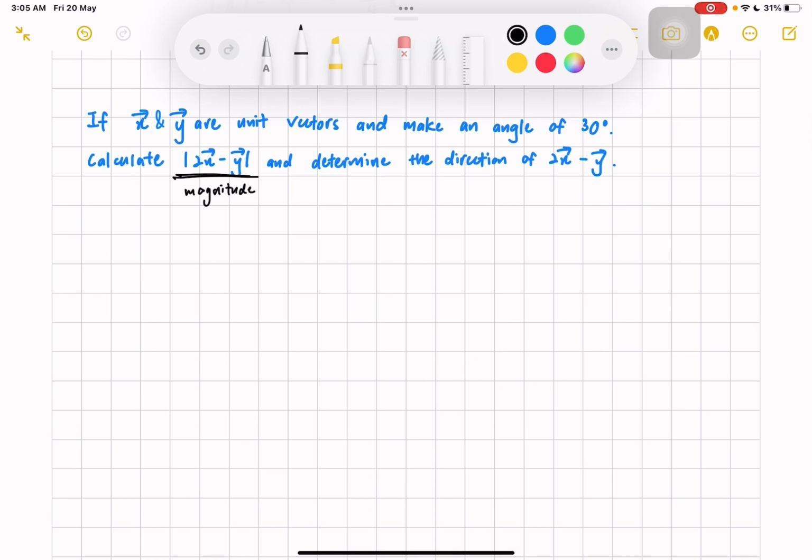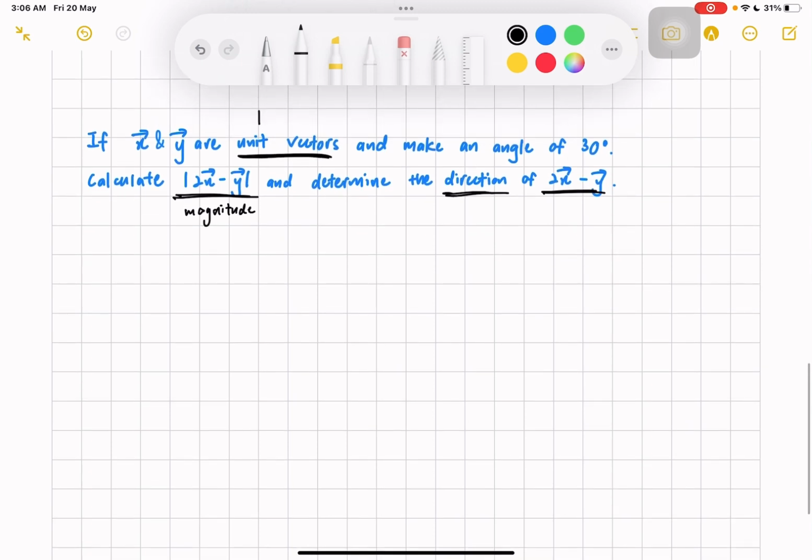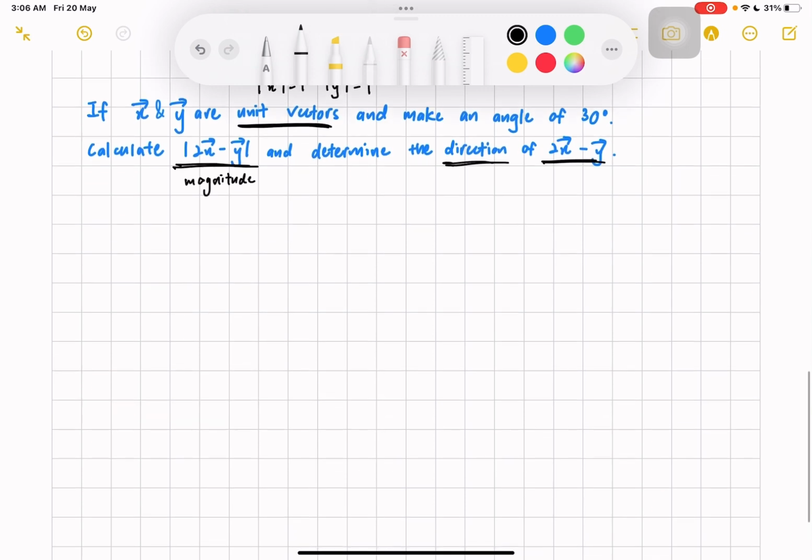And if there is no absolute sign, that means they're looking for the direction. Since they say they are unit vectors, the magnitude of x would be equal to 1, and the magnitude of y would also be 1.